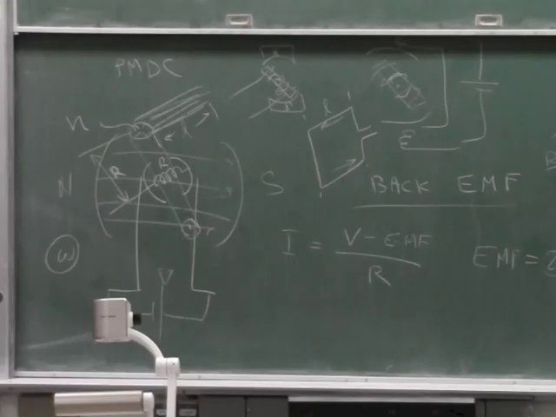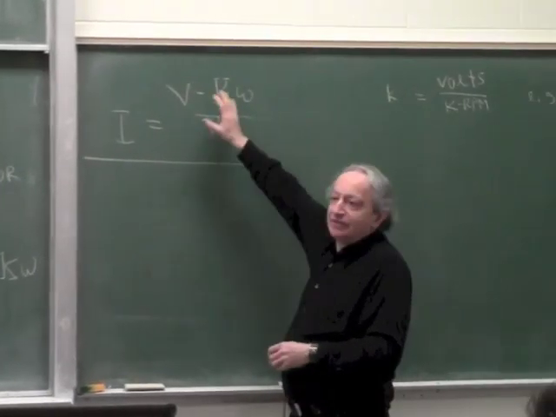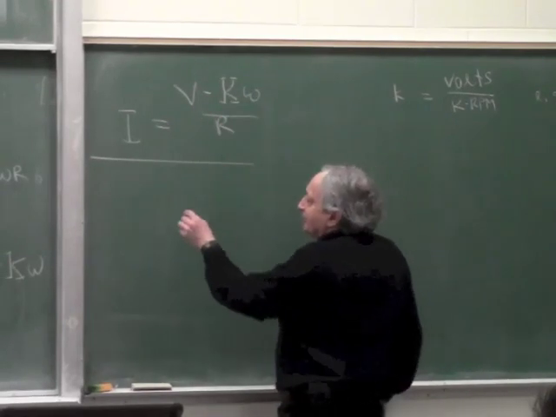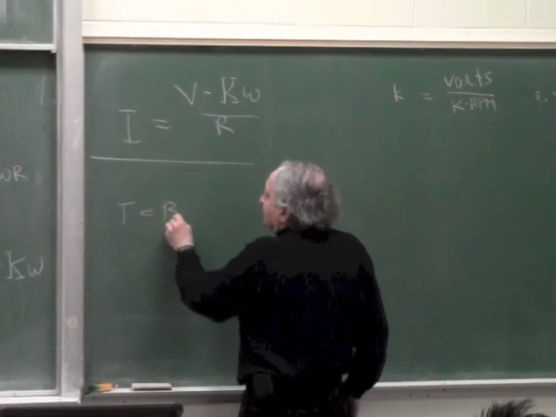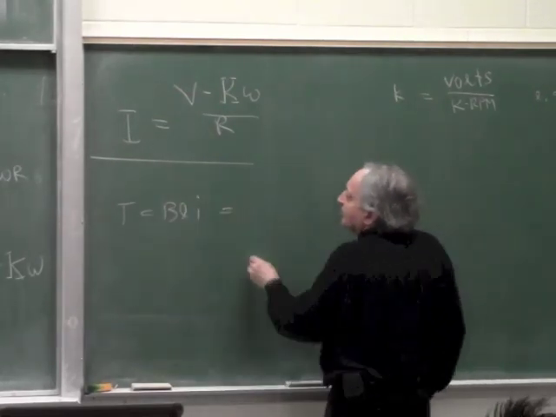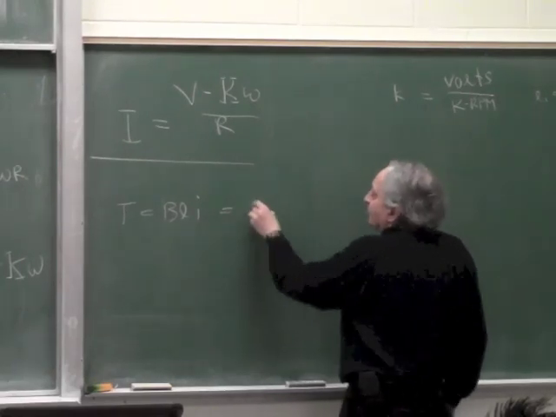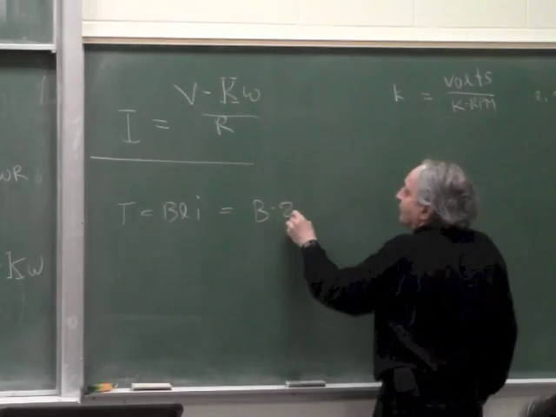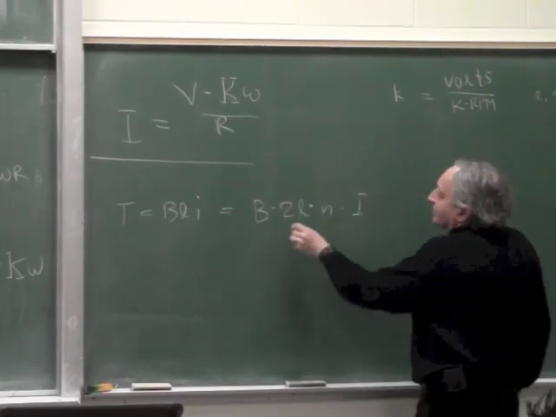So now I'm deriving in a similar way the torque. This was deriving the current versus voltage, but now I derive the torque. So we know the force in general is BLI, and in the case of the motor, it will be B, instead of L it will be 2L times N, times I.